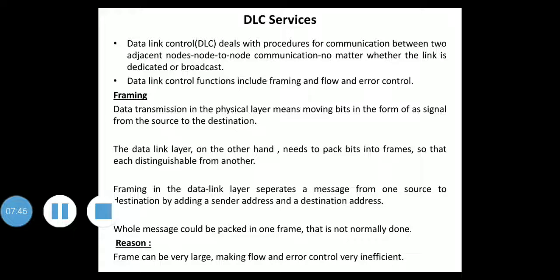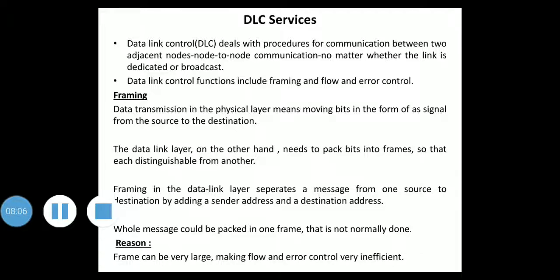Why? Because a frame can be very large, but that makes flow and error control very inefficient. The concept of flow and error control becomes very inefficient if the message is framed in a large frame.